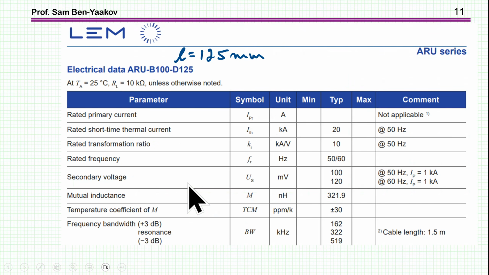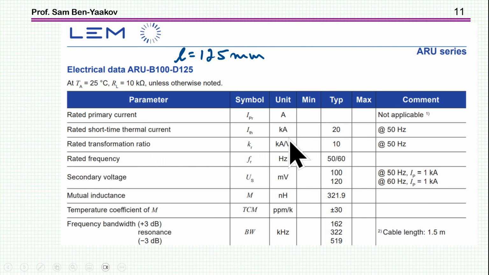So let's have a look now at a commercial probe. This is just the Rogowski coil, without the signal processing. This is a unit by LEM. The length of this probe is 125 millimeters, and it is rated for, you see, 20 kiloamp.